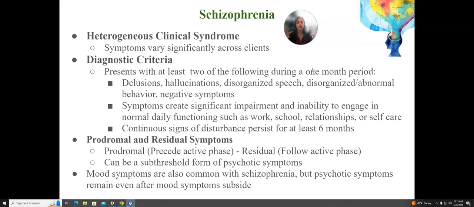Whereas when you have a mood disorder with psychotic symptoms, that's different, where often the psychotic symptoms subside when the mood symptoms subside. With schizophrenia that has mood circumstances, the psychotic symptoms typically remain even after the mood symptoms improve.